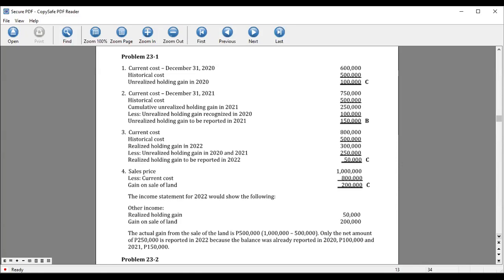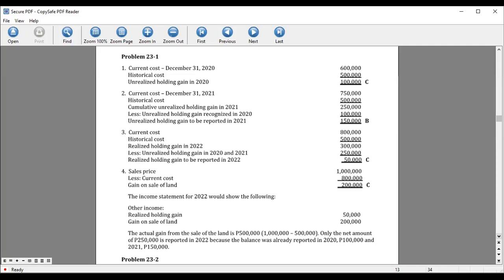So historical cost is 500,000, but the current cost on December 31, 2021 is 750,000. Then we have the cumulative unrealized gain in 2021 equal to 250,000. We deduct the amount recognized as unrealized holding gain in 2020 of 100,000.